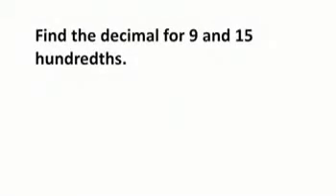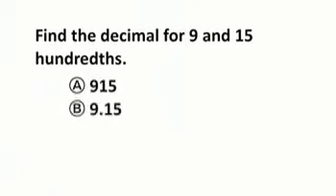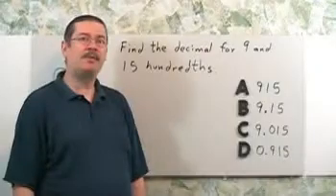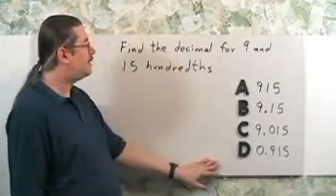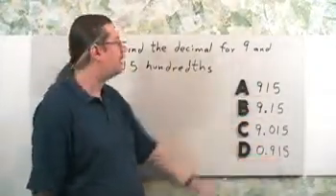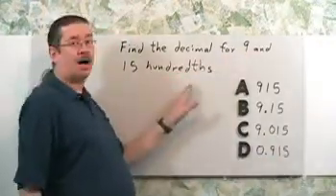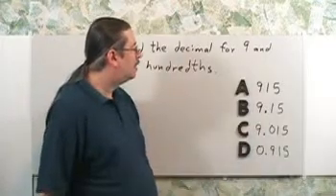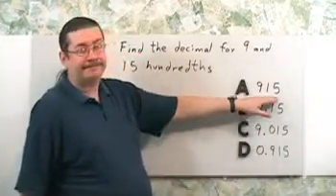Find the decimal for 9 and 15 hundredths. Probably the best way to answer this question is to look at our four choices. We want 9 and 15 hundredths. Which one of these will say that? Well, this is 915.